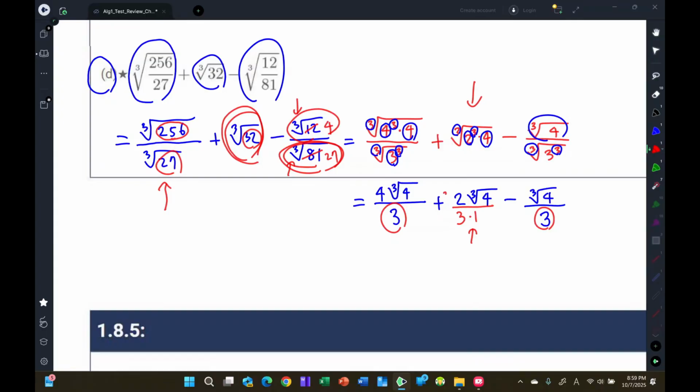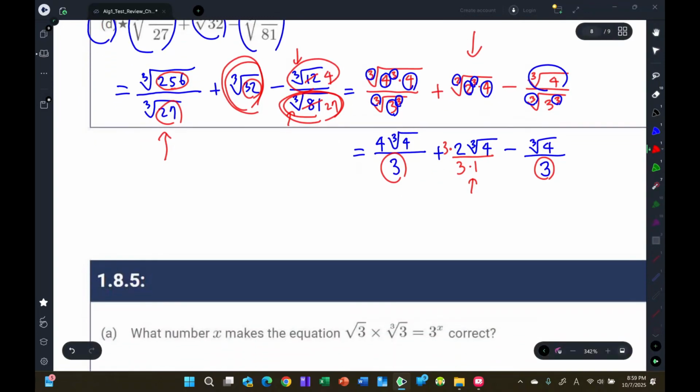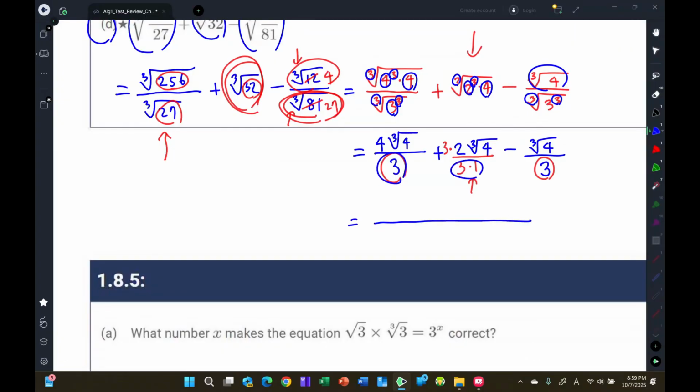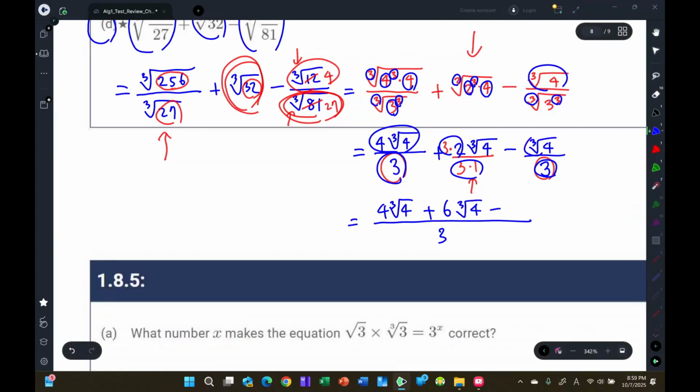I have to be fair and multiply exactly the same number on the top too. Okay? So what I have is common denominator 3 finally, and then I have 4 cube root 4s plus 3 times 2, 6 cube root of 4 minus 1 cube root of 4.